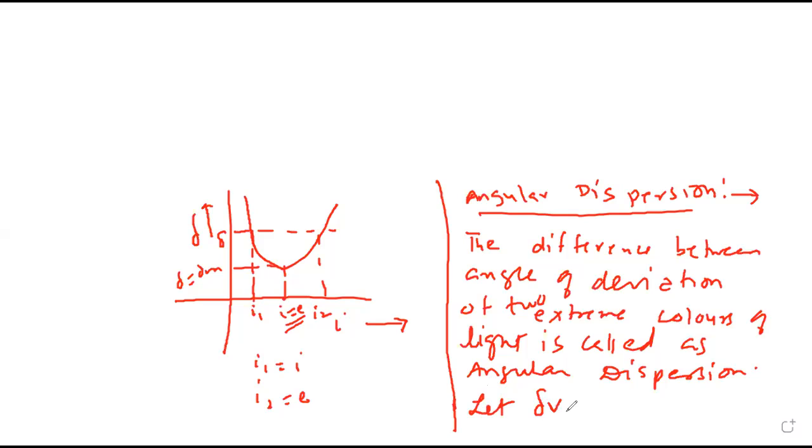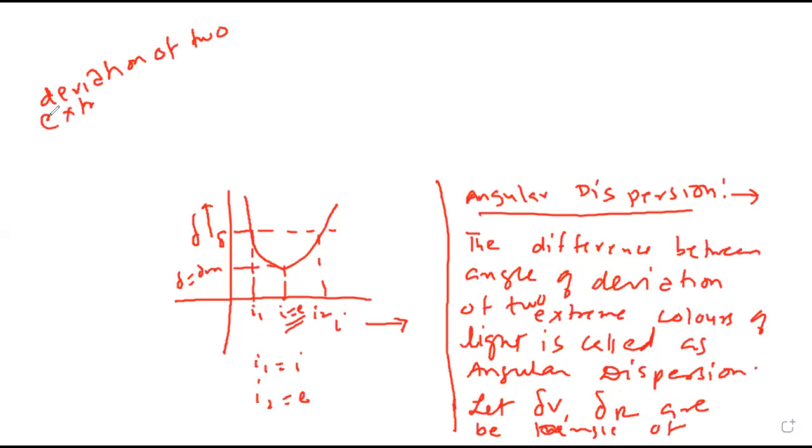So let delta V and delta R be the angle of deviation of two extreme colors of light.